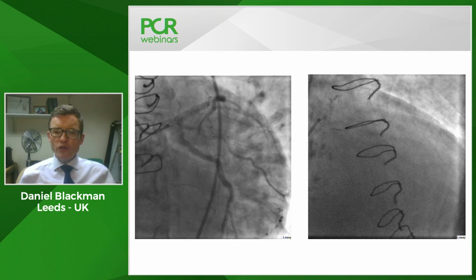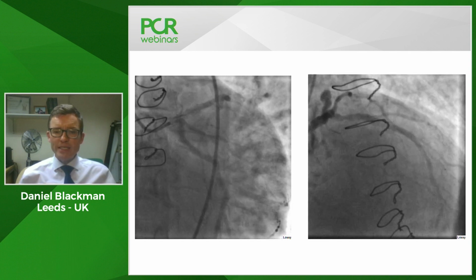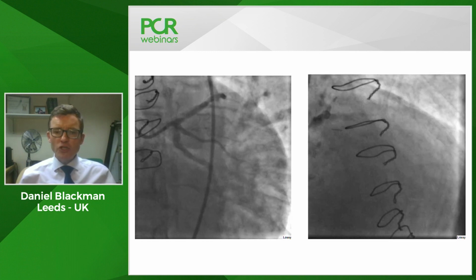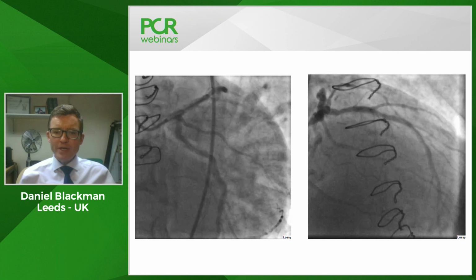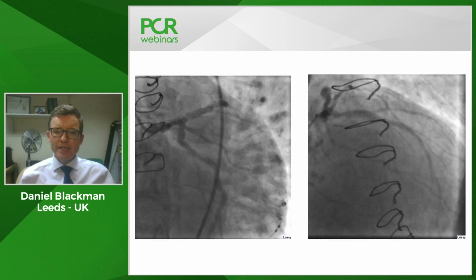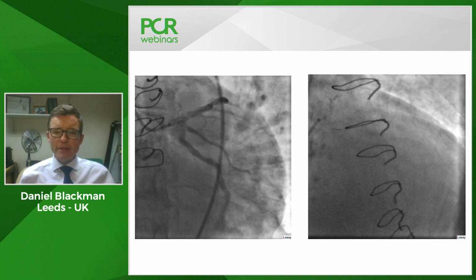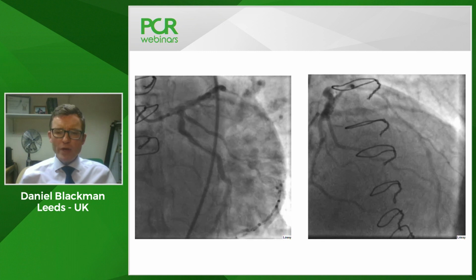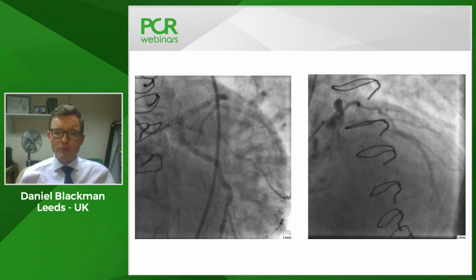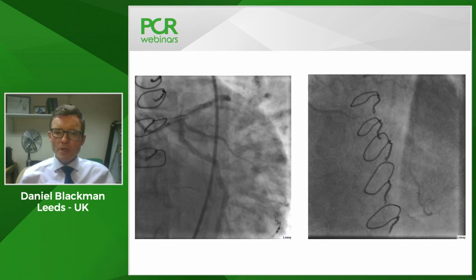So these were his coronary arteries, just a PA caudal and a PA cranial projection before the index TAVI in 2008, and you'll see a degree of atheroma and calcification, particularly there in the proximal LAD, in the PA caudal on the left, and in the mid-LAD in the PA cranial on the right. But we felt this wasn't angiographically significant, and therefore there was no plan for pre-TAVI PCI.